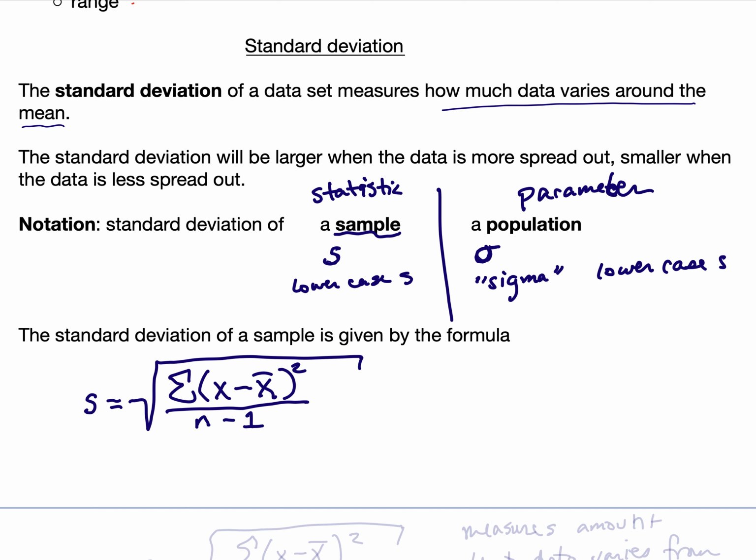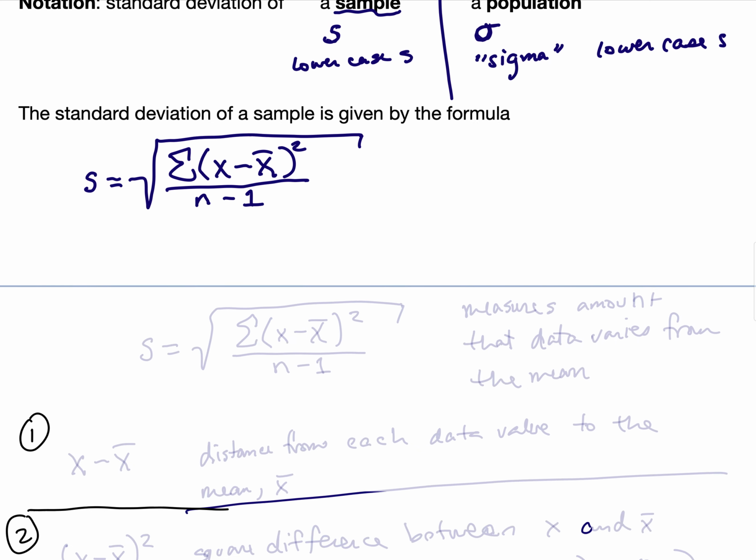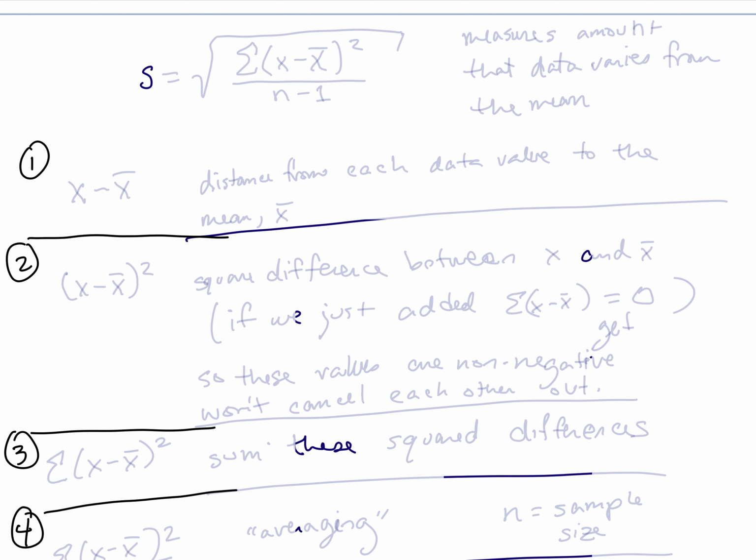So we'll break that formula down in a moment. Okay, so the standard deviation again is given by s is equal to the square root of the sum of each data value minus the sample mean squared divided by the sample size minus 1, and all of that is inside the square root.